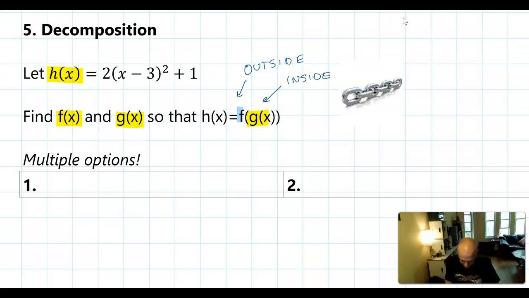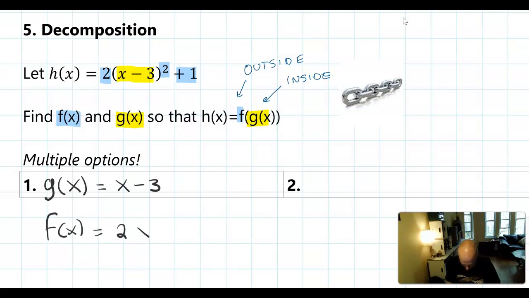Now, if I'm inspecting h of x, I could actually recognize a couple different options for what would be the outside function and the inside function. So I could say that an inside function could be x minus 3, right? x minus 3 is a function. Then the outside function is everything else that happens to the x minus 3. So in this case, my result would be g of x, the inside function, is x minus 3, and then f of x would be something like 2x squared plus 1.